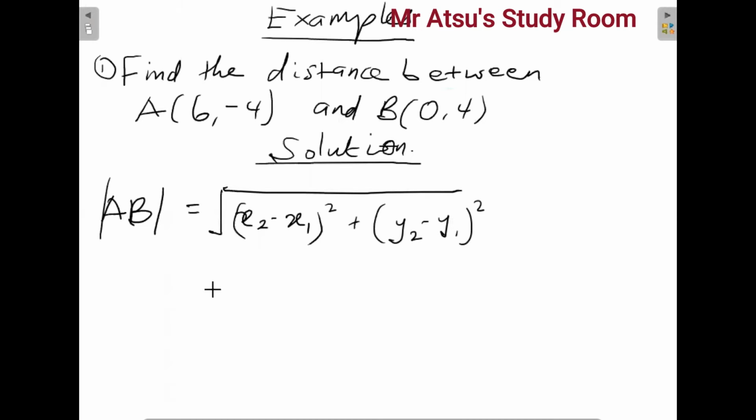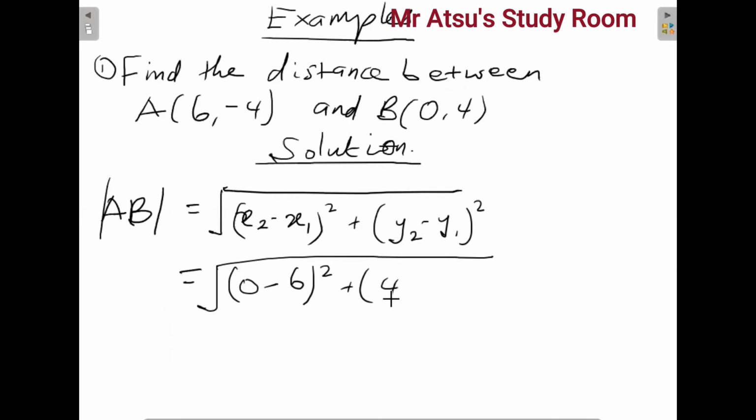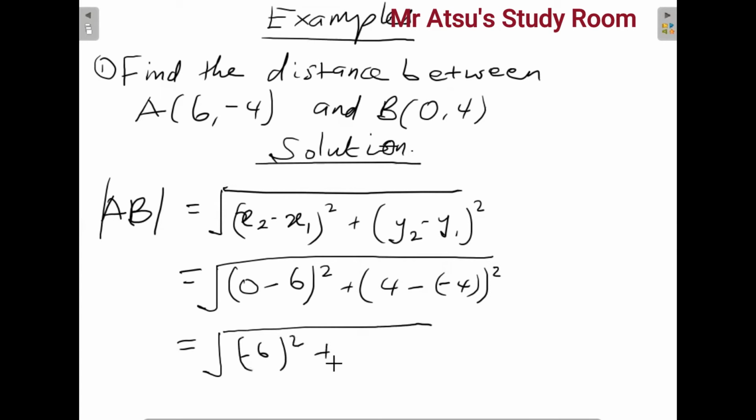So our x2 is the x coordinate of the second point, which is 0, and then our x1 is the x coordinate of the first point, which is -6, and our y2 is the y coordinate of the second point, which is 4, minus our y1, which is the y coordinate of the first point, which is 4, then all squared. 0 minus -6 is 6, so 6 squared, plus 4 minus 4 is 0, so 0 squared.